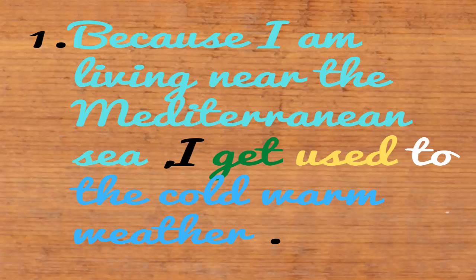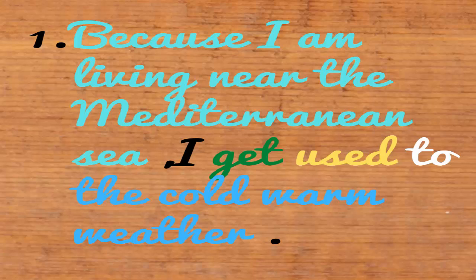So here we use the expression "get used to," and we do not use "be used to." Why? Simply, "get used to" means to be adapted to this situation. What situation? Here, living near the Mediterranean Sea.